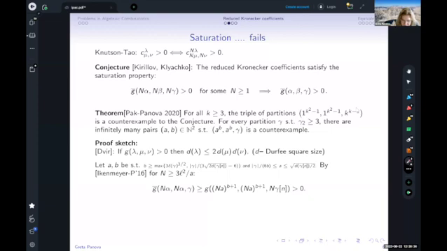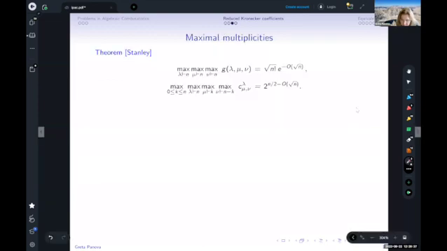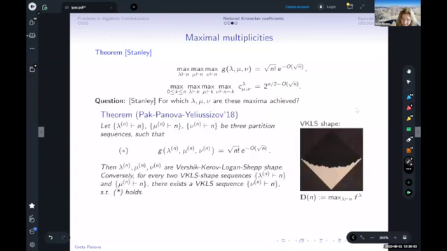So what else about the reduced Kroneckers? We can ask about their asymptotics. So Stanley found that the very maximal Kronecker coefficient is about the order of the square root of n factorial. And we found that these partitions will have to follow what's called the Cauchy-Kellerhoff-Logan-Shepp shape.